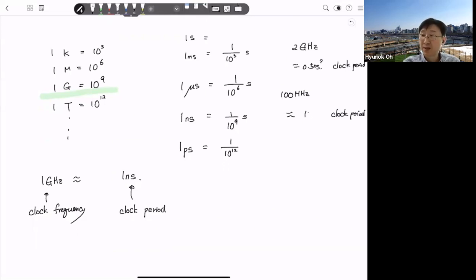Yeah, 10 nanoseconds, right? Because this is equal to 0.1 gigahertz.